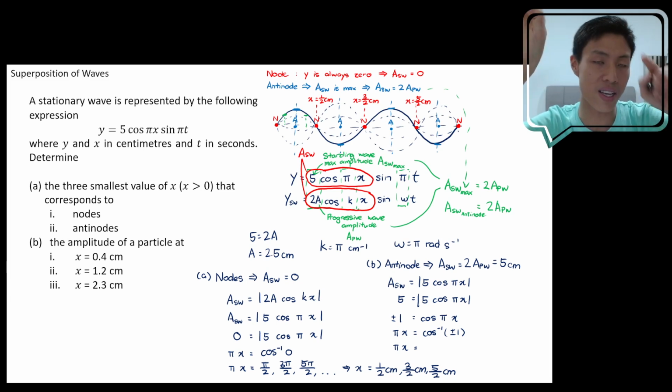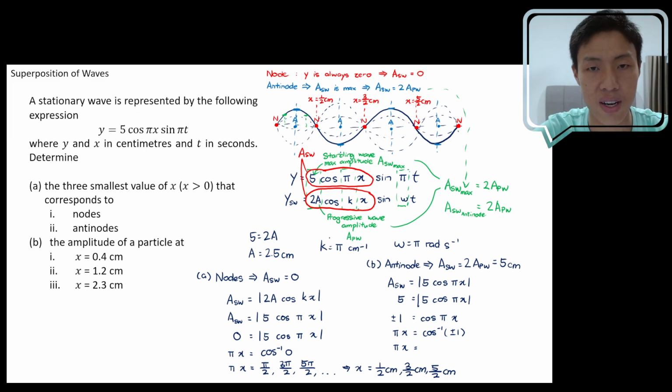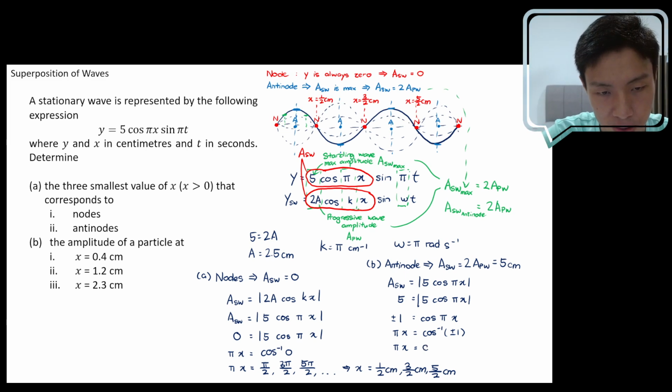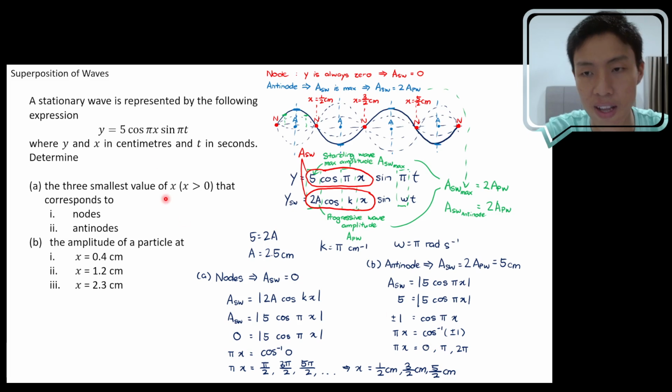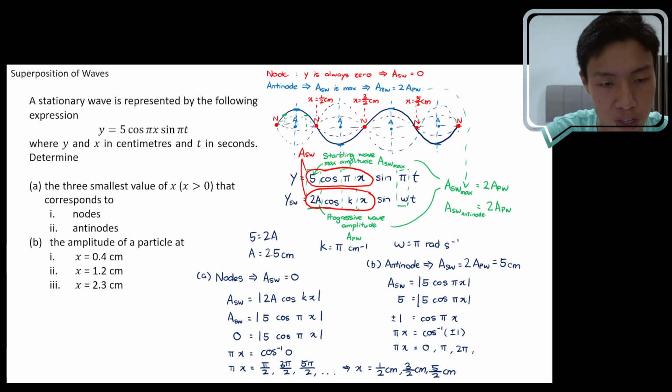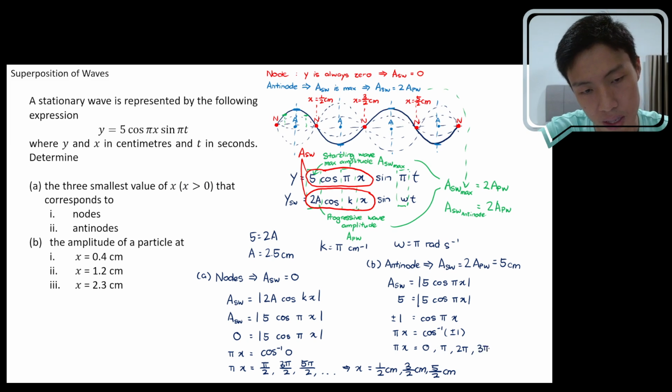You find 1 and negative 1 for your cosine graph at 0, at pi, at 2 pi. But because it's 0, we don't want any value that is equal to 0. We want it to be greater than 0. So let's give one more, which is 3 pi. Okay, so these are the values.